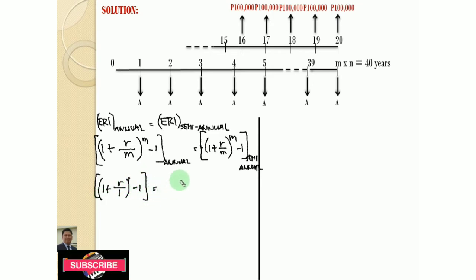Which is equal to 1 plus our r here, 8% or 0.08, divided by 2 since this is semi-annual, and we raise this to the 2 minus 1, okay, for this semi-annual.